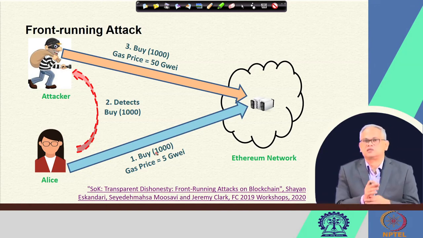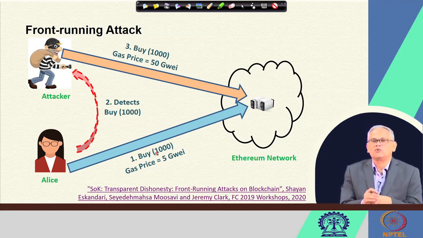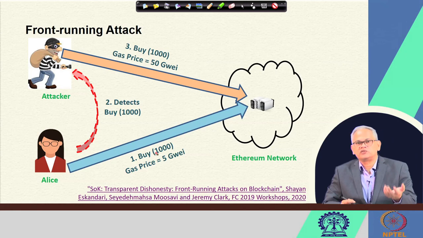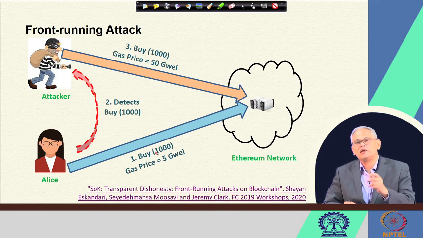As a result, let us assume, just to take an example, that 1 ether was 100 rupees, then if Alice purchased, the price would go up to 110 rupees. So, before it goes up to 110 rupees, the attacker is going to push in its transaction to buy it at 100 rupees.